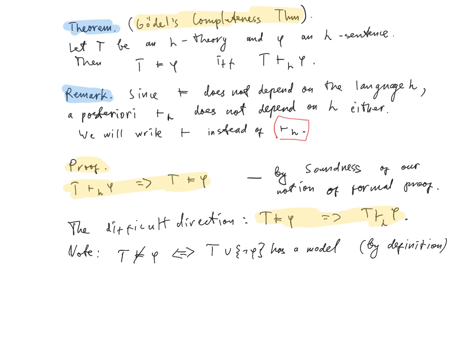And we also have that if T does not prove phi, then and only then T union the negation of phi is consistent, by the corollary to the deduction lemma.